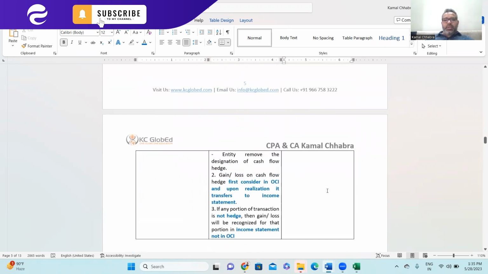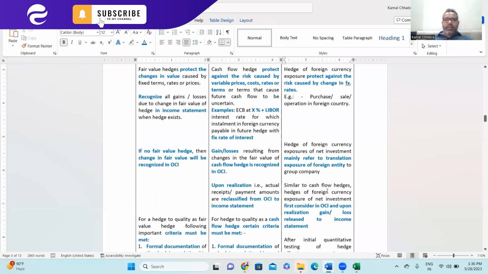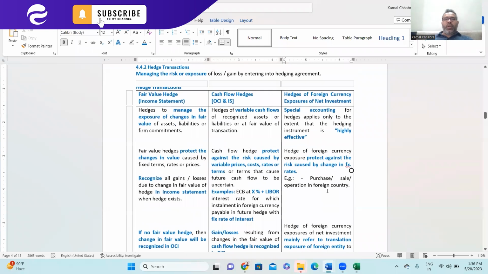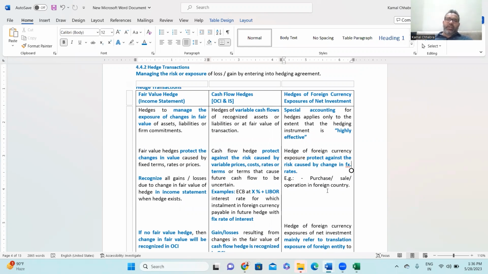So this is more about the 3 categories of hedging transaction. What are the 3 categories of hedging transaction? Fair value hedge, cash flow hedge, foreign currency exposure hedge. What is fair value hedge? Fair value hedge is based on the change in the value of asset and liability, the underlying asset and liability.